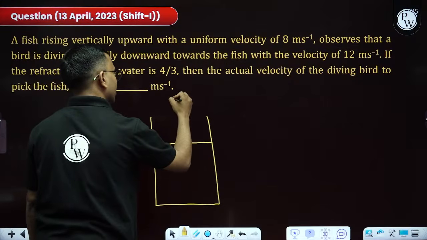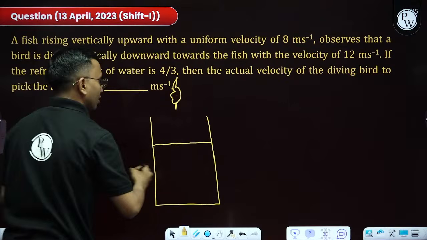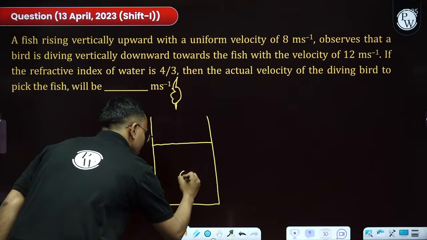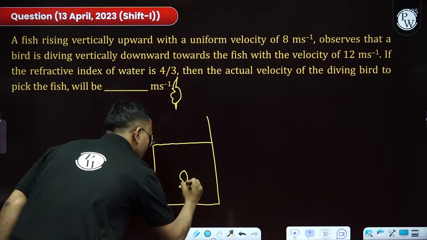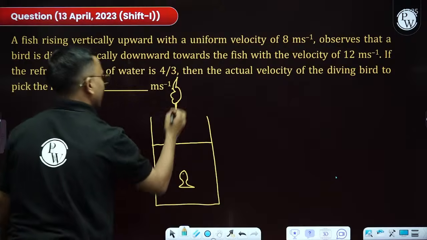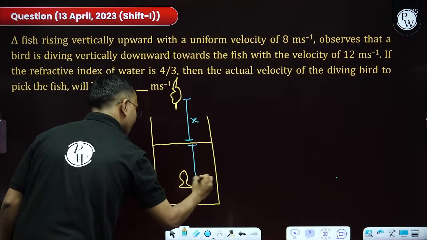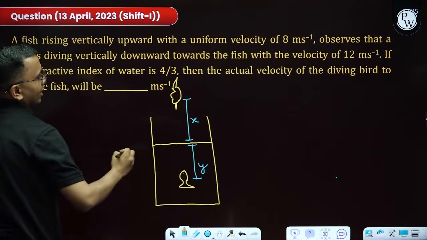Here we have the bird, here the fish. Let us take this distance as x and this distance as y. Here the refractive index is 4/3.